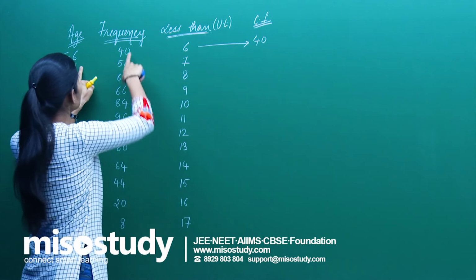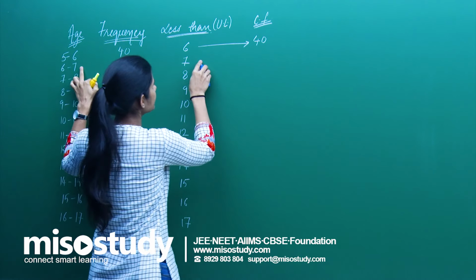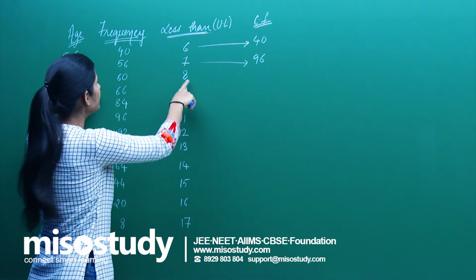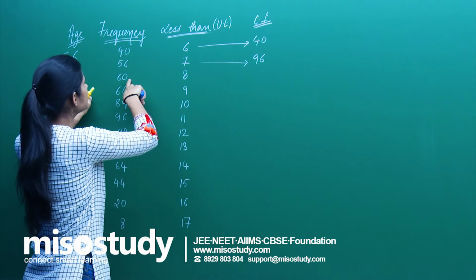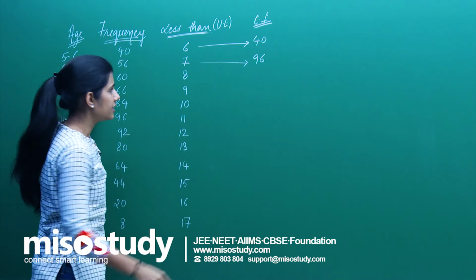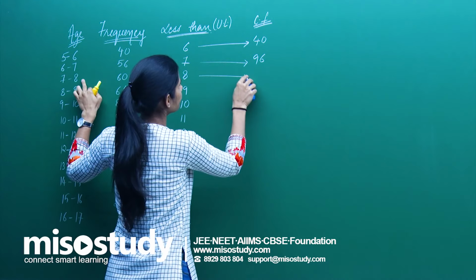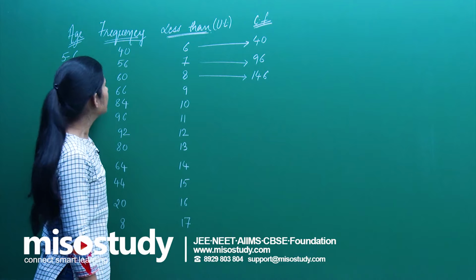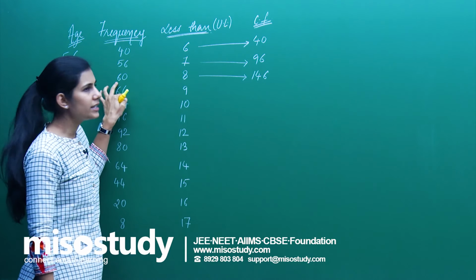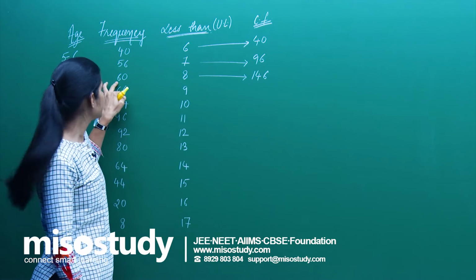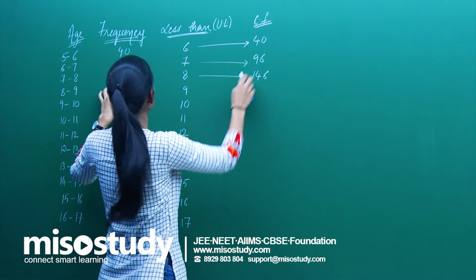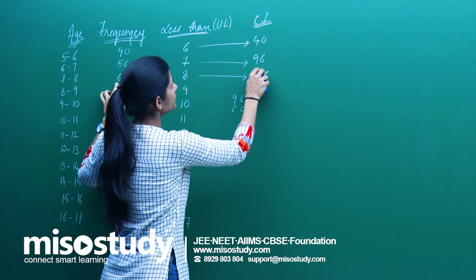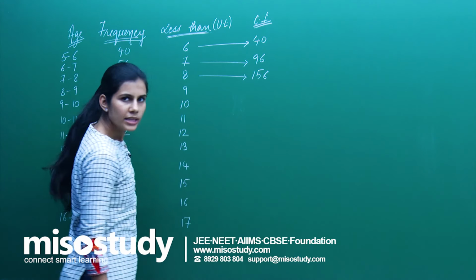Less than 7 is 40 plus 56, which is 96. Then less than 8 is 96 plus 60, which is 156, because 9 plus 1 is 10, 10 plus 5 is 15. Is it clear?